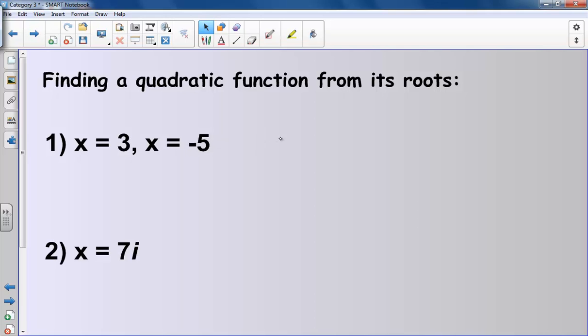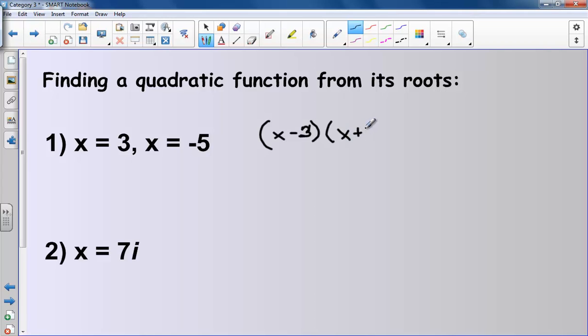So if its roots are 3 and -5, then its factors are x minus 3 and x plus 5.